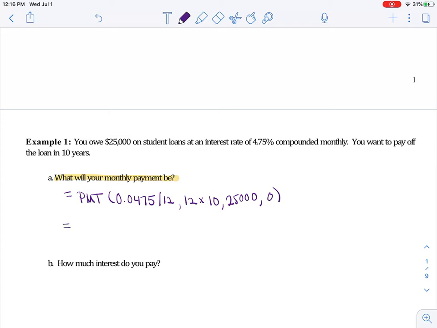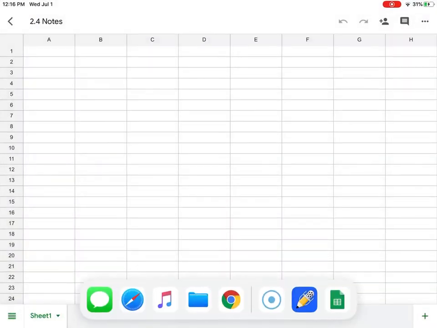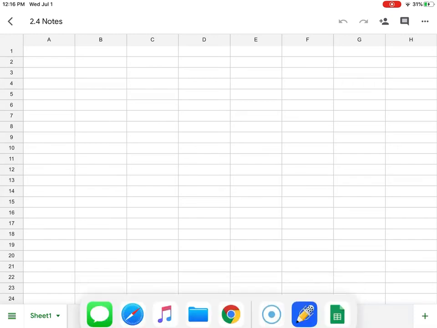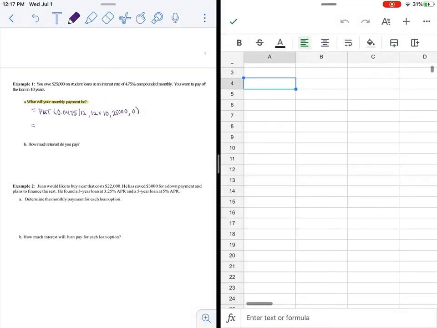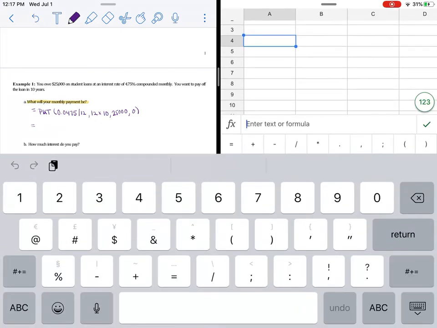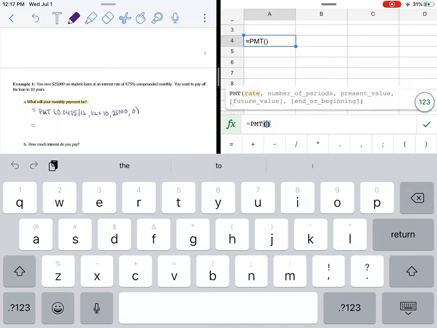Okay, so equals, and I'm going to go back to my sheets, so I can see it. Okay, so equals payment. Let's see, there it is.